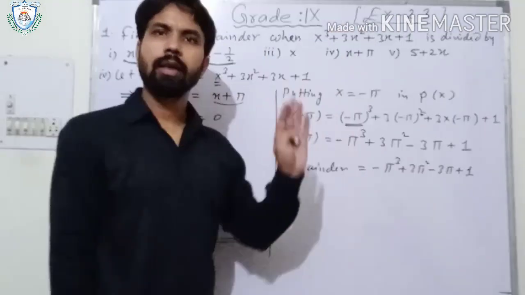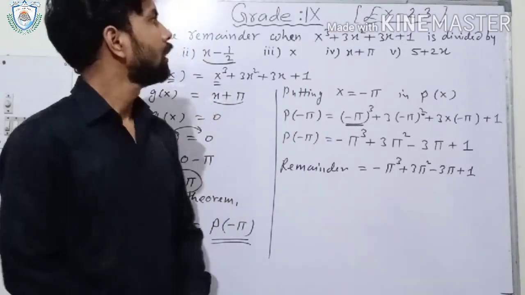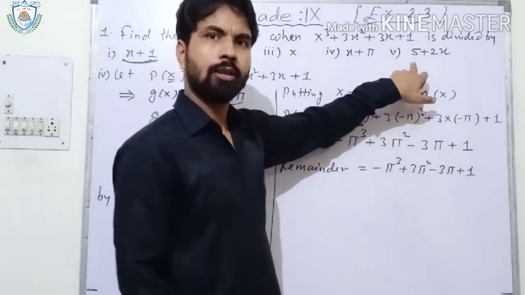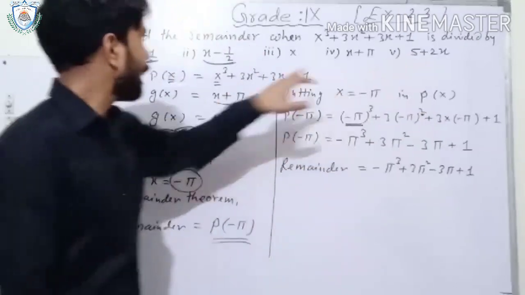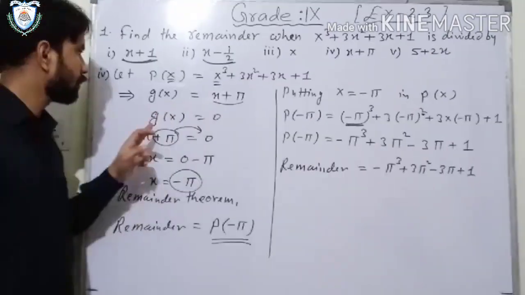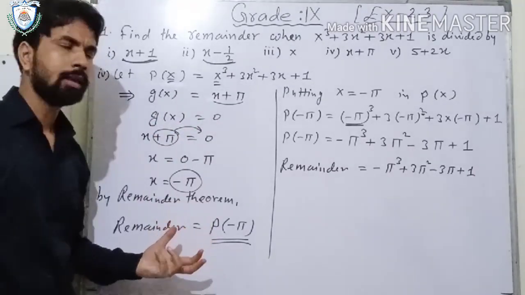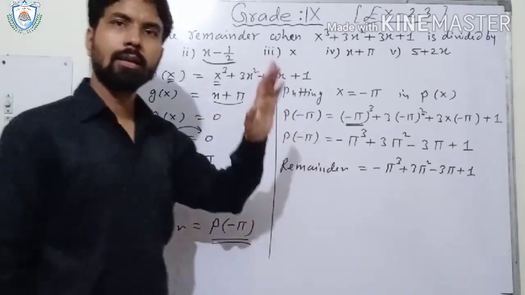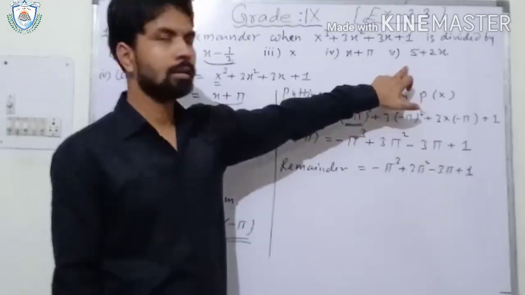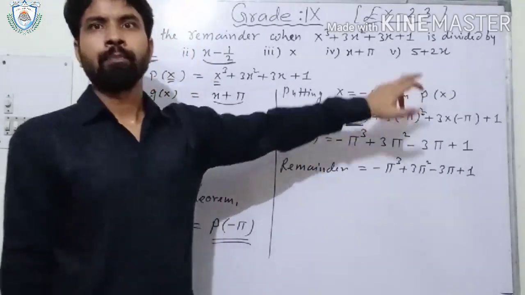This is our remainder. Understood? Now for the fifth part, you will solve g of x is 5 plus 2x. So we will put g of x equal to 0, then find the value of x and find the remainder. So you can solve. Good.